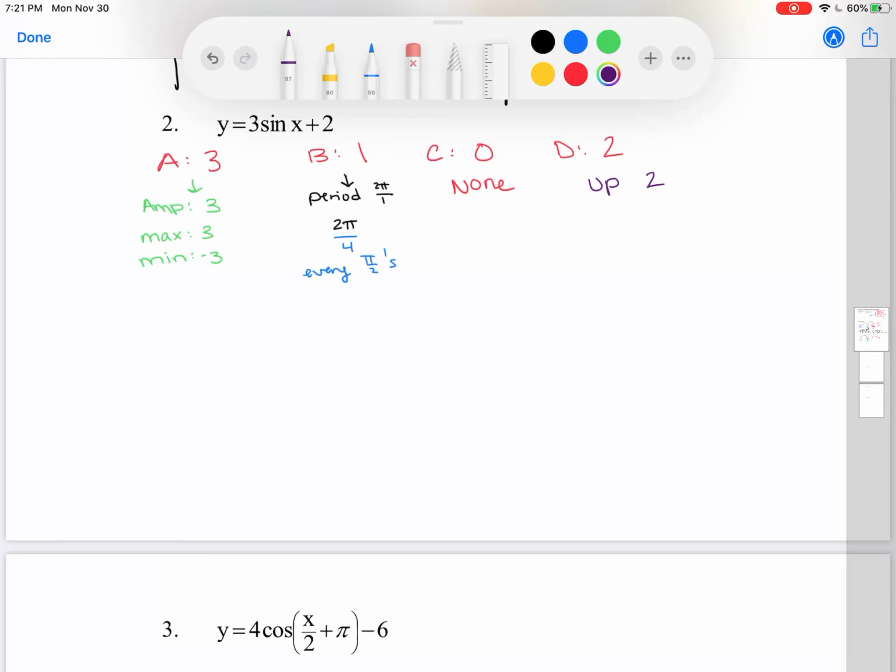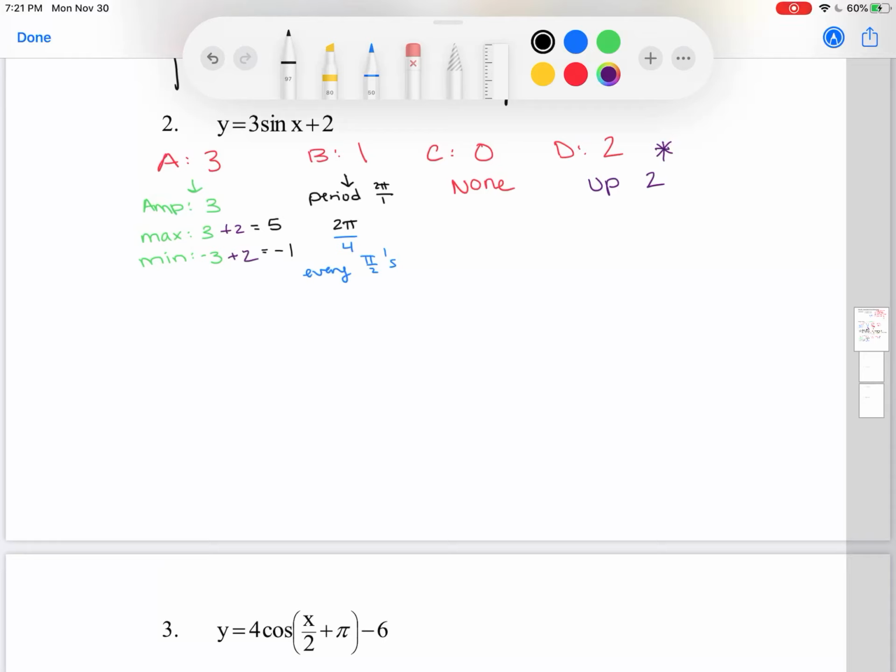And D is 2. D tells me I'm going up or down, and in this case I'll go up 2. So now that I've identified that D is 2, I'm going to take that positive 2 and go back to my max and my min and add it back, because now I have a new max and a new min. So my maximum will be at 5, while my minimum is now at negative 1.